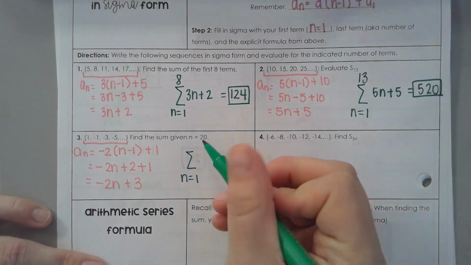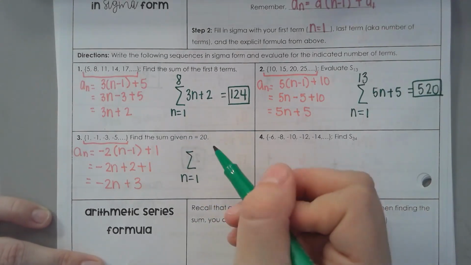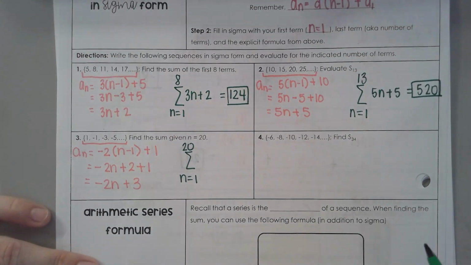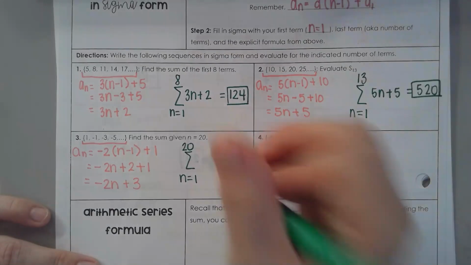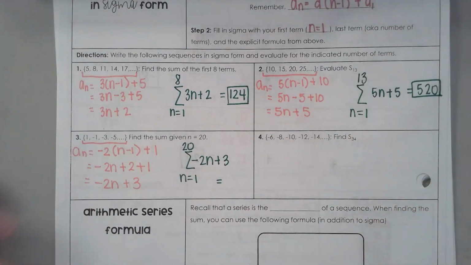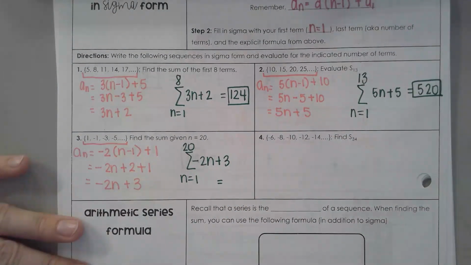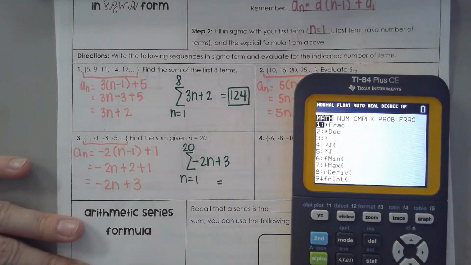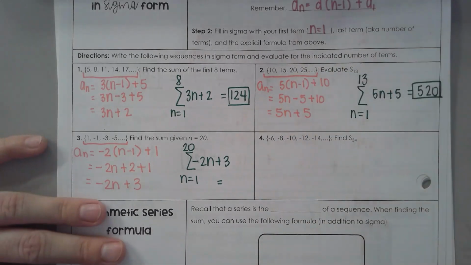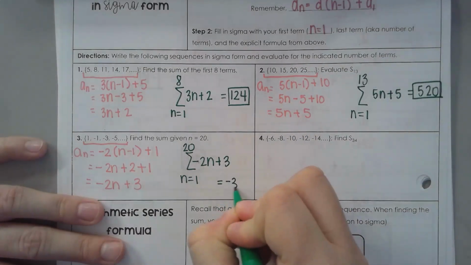So I'm going to find the sum of the first 20 terms. So n equals 1 to 20, negative 2n plus 3. Negative 360.